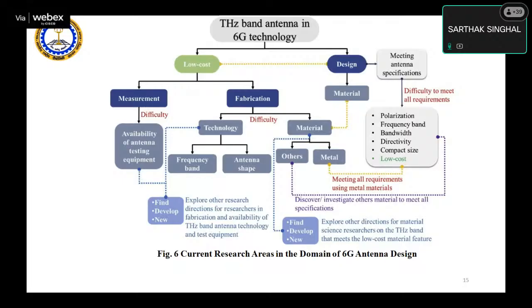And the second problem is that, while this was based on dielectric material, similarly the metals start acting as insulators at terahertz frequency.